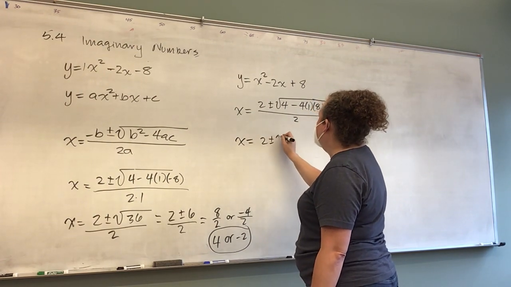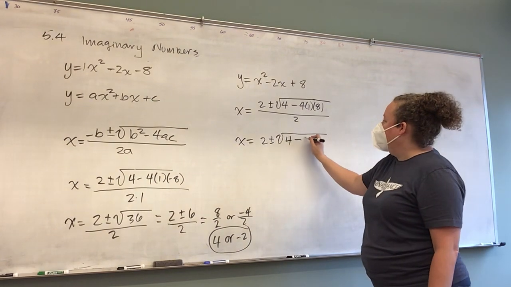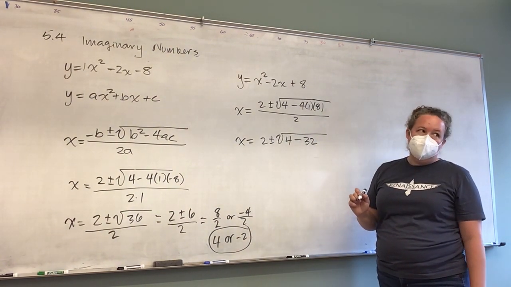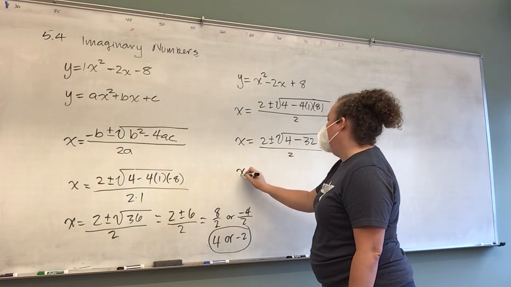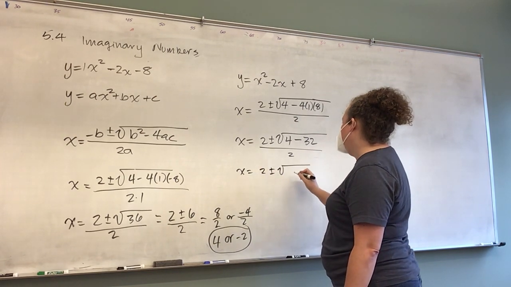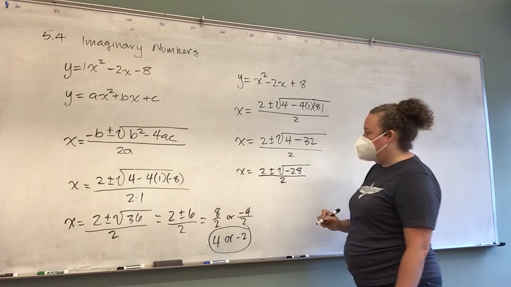Now we've got 2 plus or minus the square root of 4 minus 32 all over 2. I've got 2 plus or minus the square root of negative 28 over 2.